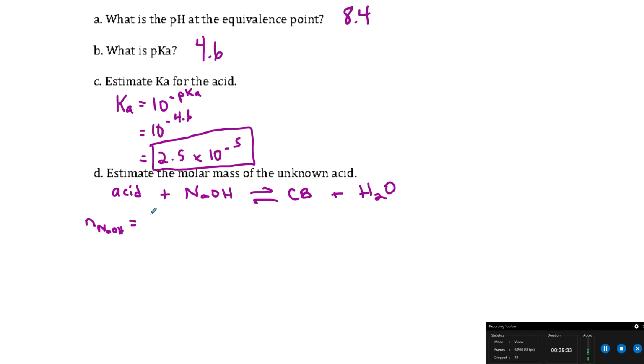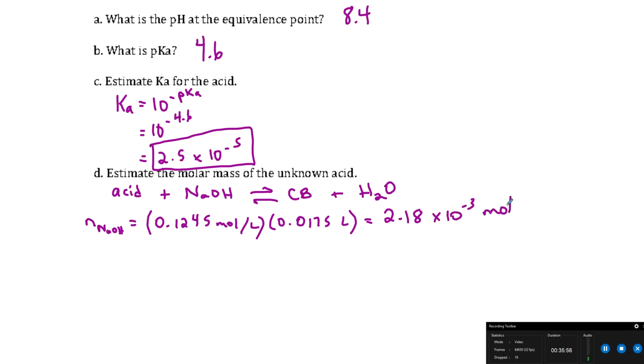I know its concentration is 0.1245 moles per liter. The question tells me that. And from the graph, I know that it takes 17.5 milliliters or 0.0175 liters to titrate this acid. So that would equal 2.18 times 10 to the negative 3 moles.